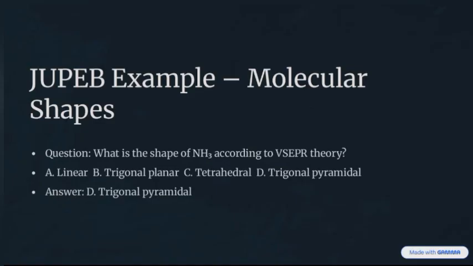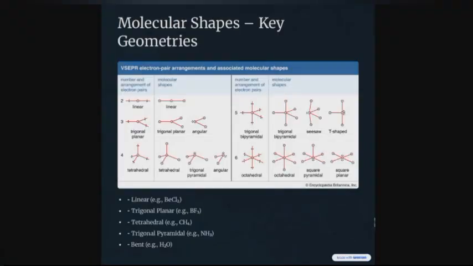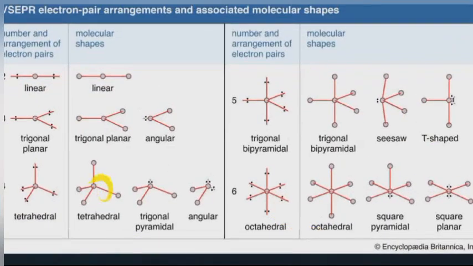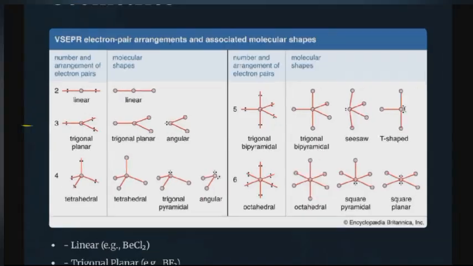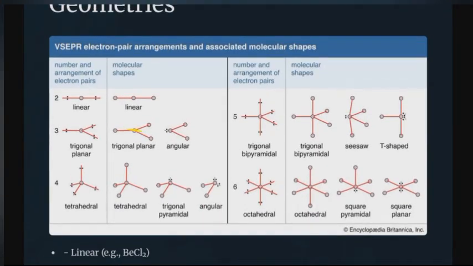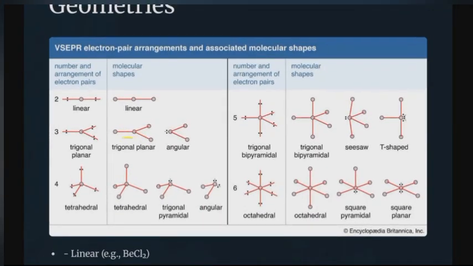Normally, when we have 4 atoms, it's supposed to have a trigonal shape. This is how it's supposed to look. But now, because nitrogen has a lone pair of electrons.